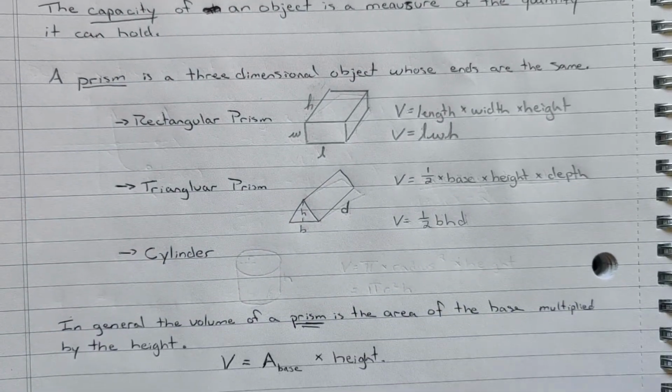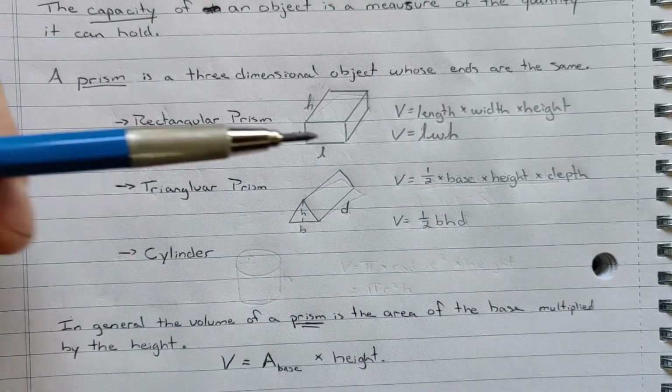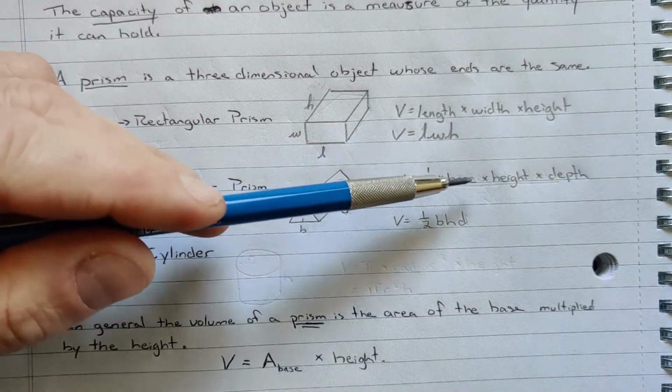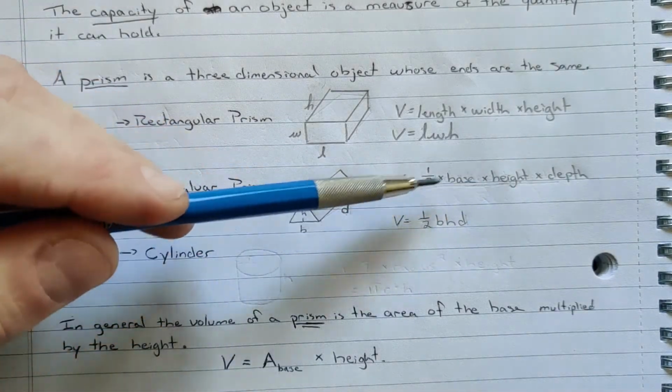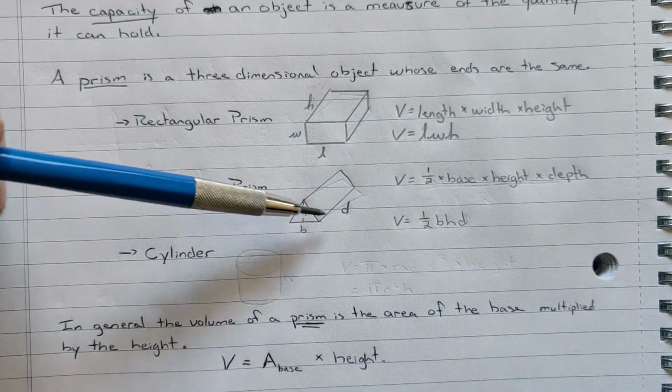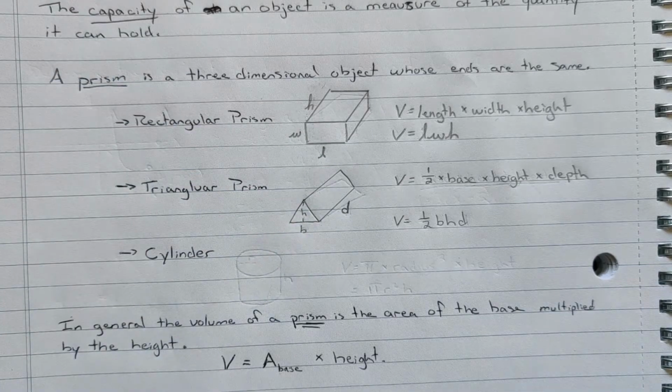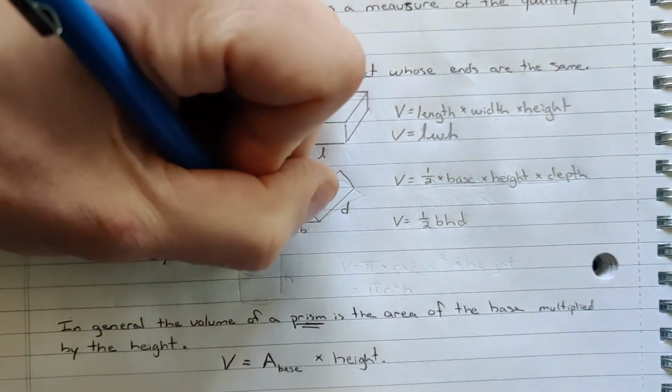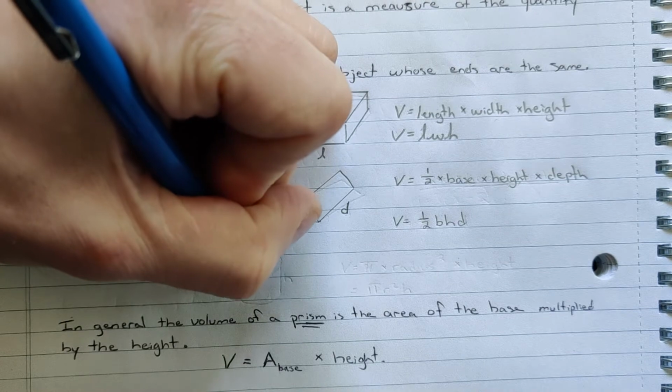So we have the area formula times that extra dimension. All we're doing going from area to volume is adding an extra dimension onto our shapes when we're working with prisms anyways.